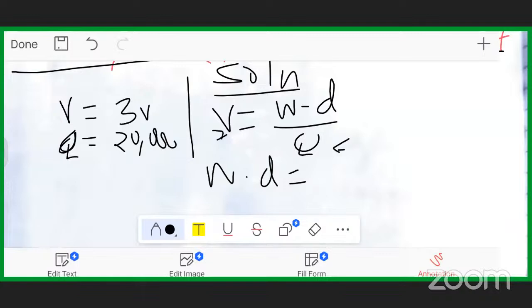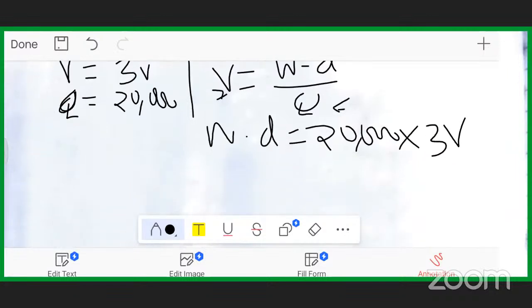So it is mod of Q times V. So it will be 20,000 times 3 volts. And then we'll get 60,000. What is the SI unit of work done? Joules.